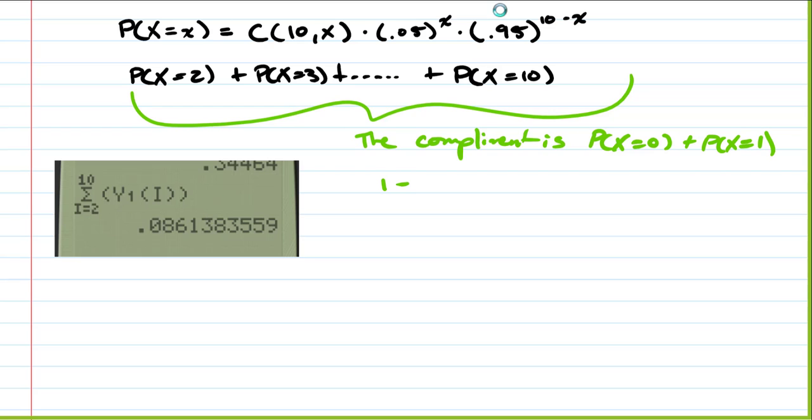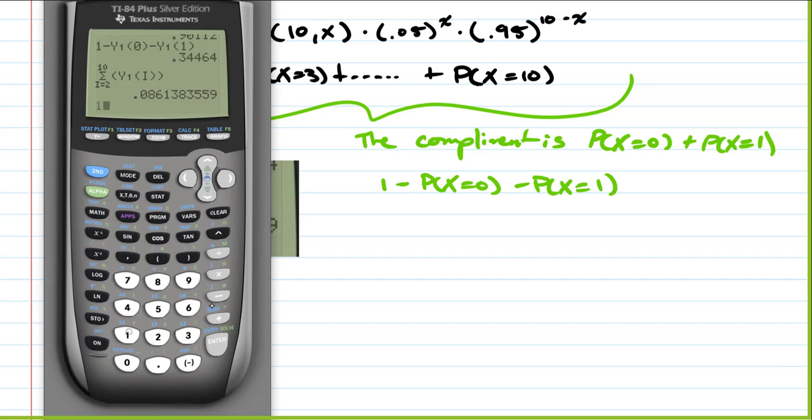So then 1 minus those would be 1 minus y of 0 minus y of 1. And what do we get? The same thing.